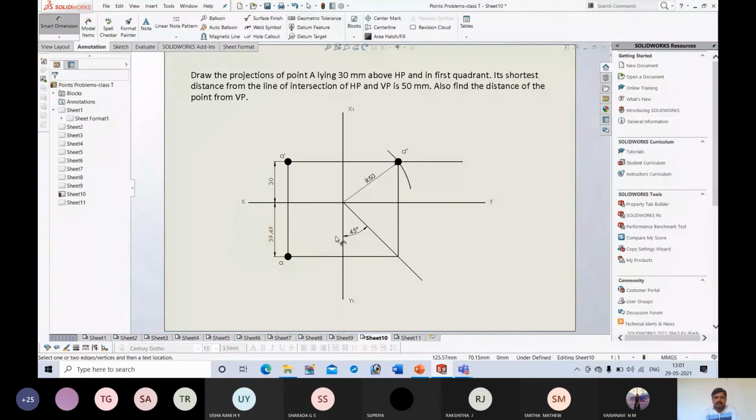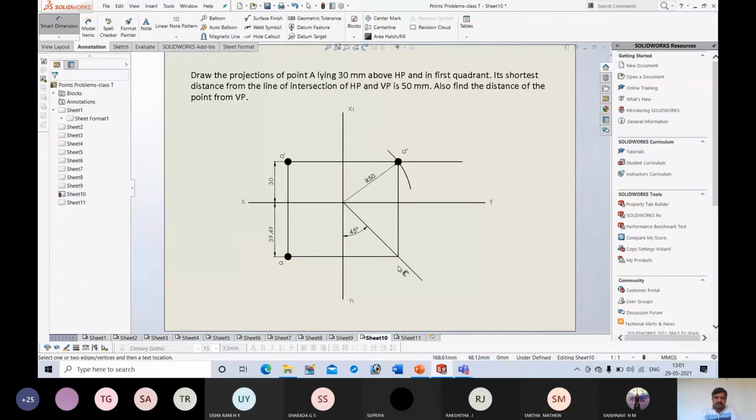This is the distance of point A from VP. It is 40 mm or 39.5 or whatever you get, that value you should write. If there is a difference of 1 or 2 mm, that is okay, because of constructional error you will get that much difference, not more than that.